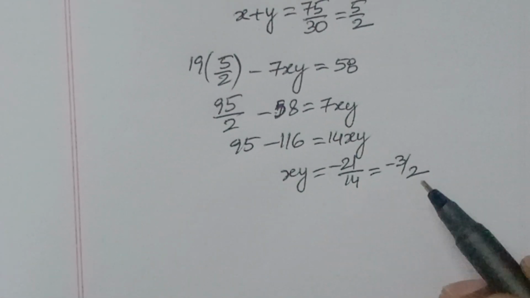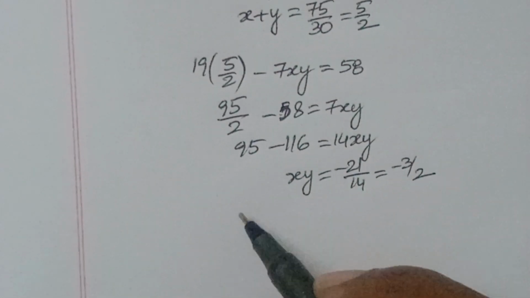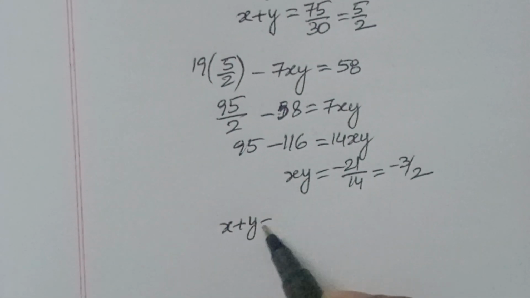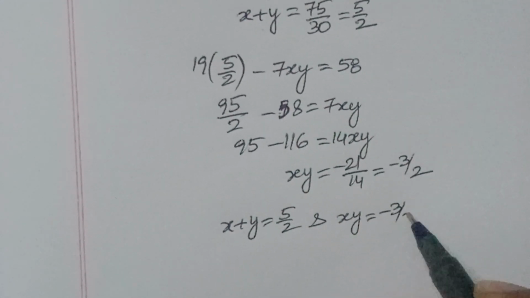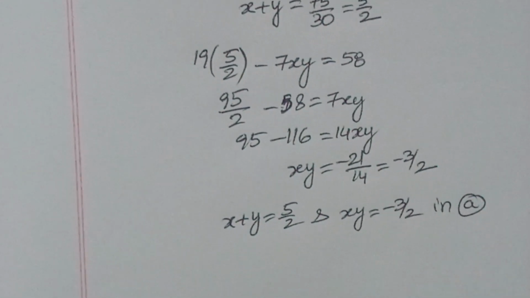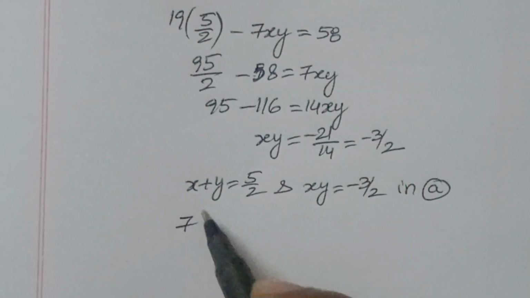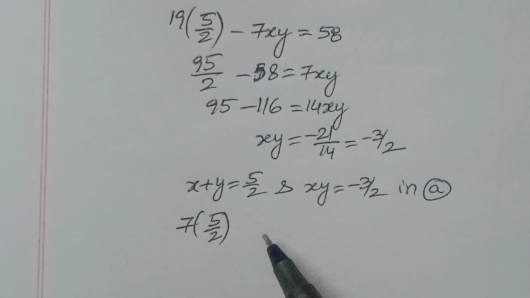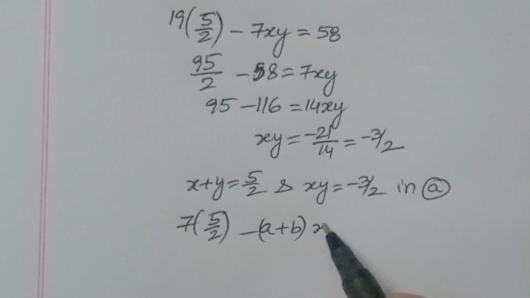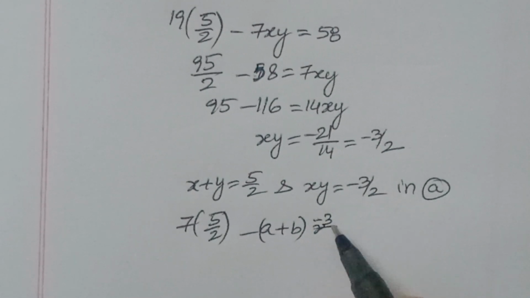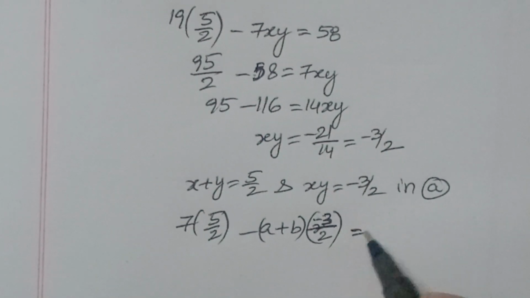Now replace this x plus y value and xy value in A. X plus y is equal to 5 by 2 and xy is equal to minus 3 by 2. So here what will we get? 7 into 5 by 2 minus (a plus b) into minus 3 by 2 is equal to 49.